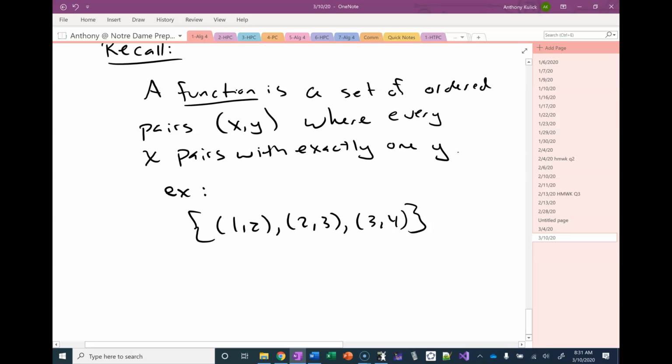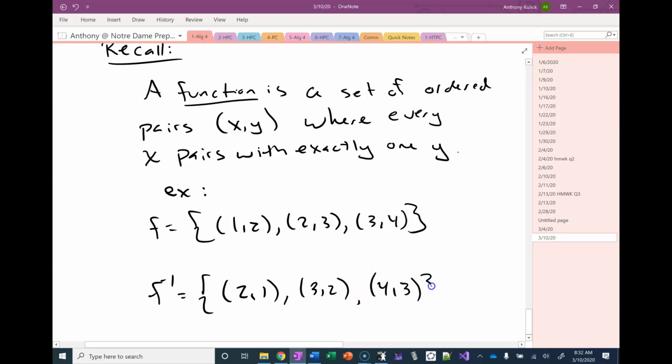Okay, like an opposite. So what would the opposite be of that set of ordered pairs? What was that? There you go. So if this is f, the inverse would be (2, 1), (3, 2), (4, 3), right?